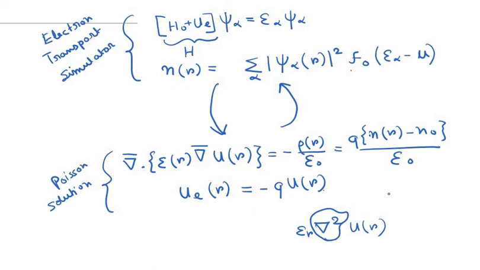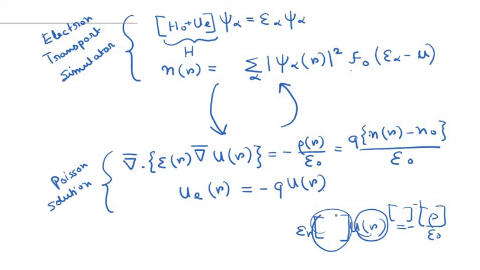Since it is a linear operator, you can easily convert it into a matrix, and then we have minus rho divided by epsilon. Rho is also a matrix when solving numerically, and you invert this matrix and put the inverse over here to get the value of UR.